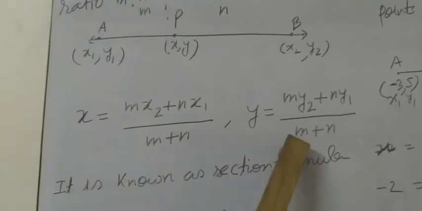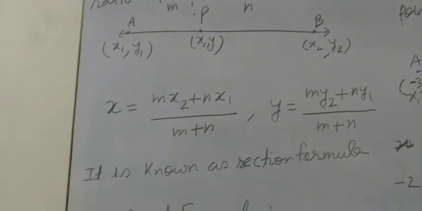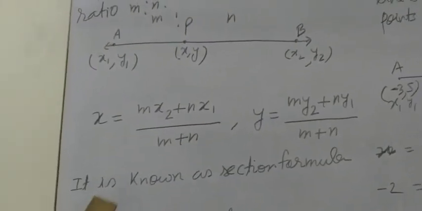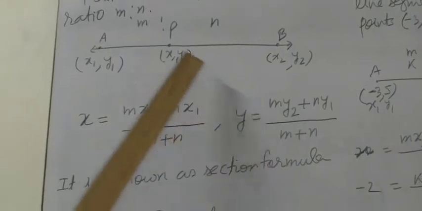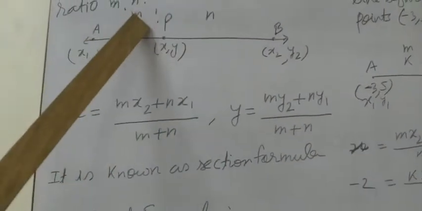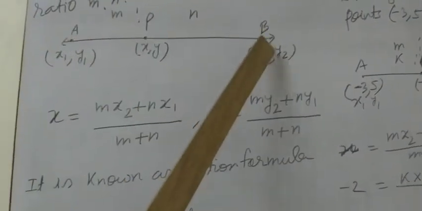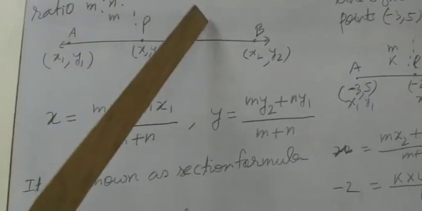So it is called the section formula, students. The section formula is used when there is a point which divides the line segment in the ratio m is to n.